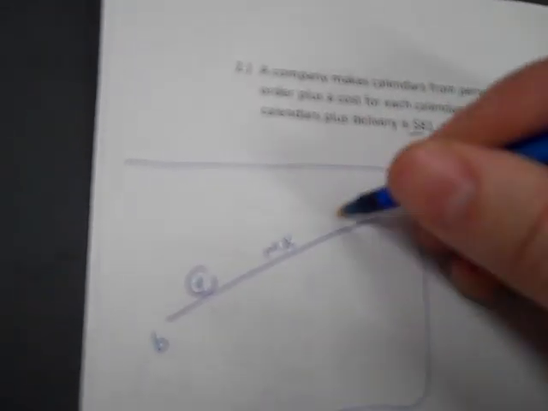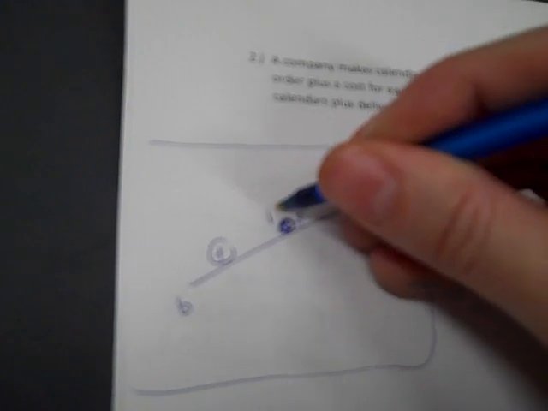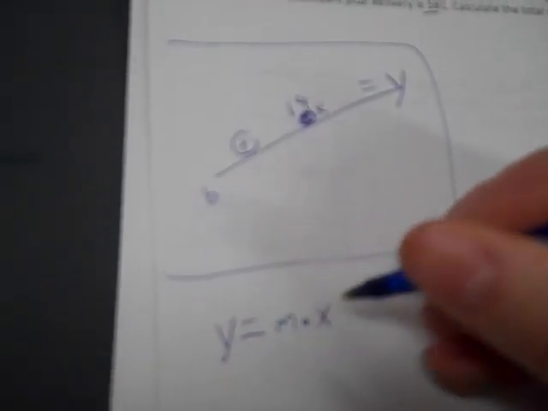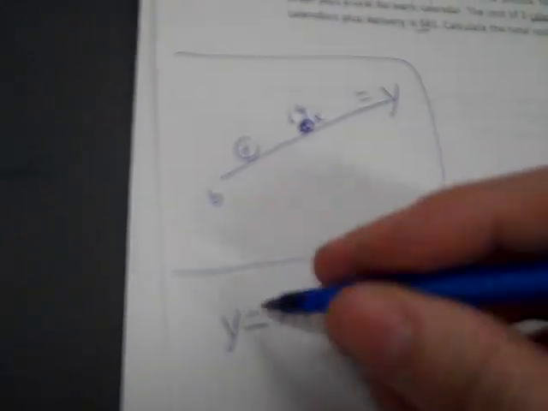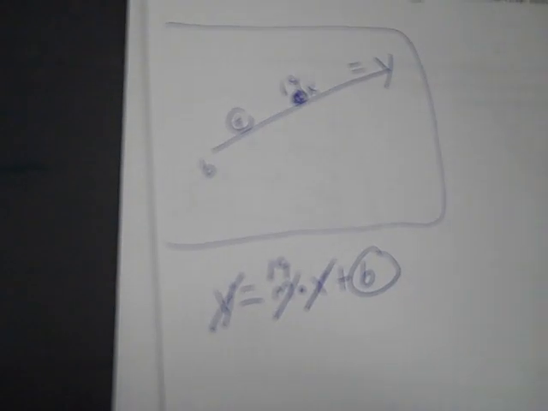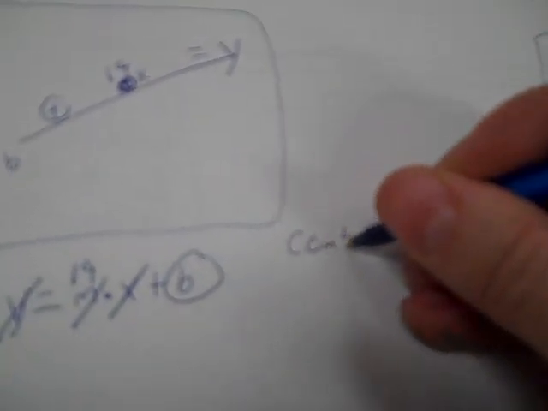So B plus MX equals Y. Now we know the M is going to be 19. The B we don't have any idea, but there's a delivery fee, so I know there's a B. So Y equals M times X plus B. Circle that B. Once again, I have my M value 19, and then I use the combo. I'll go 2 calendars, $43.